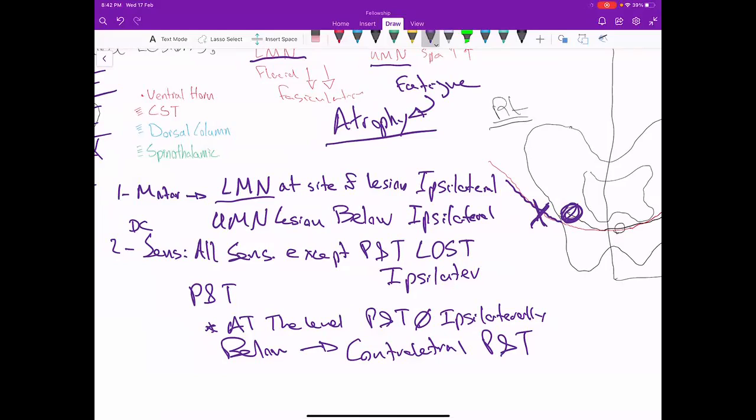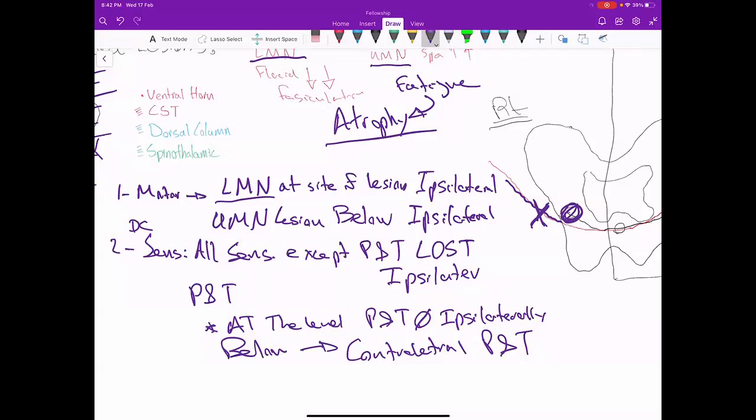Is that clear? So, doctor, can I just ask? Yes, please ask. So if you have a clinical scenario, because normally they say that the patient has lost contralateral pain and temperature, but suddenly they said that this nerve was lost on the same side, then the reason would be that at the level it's ipsilateral, but below the lesion everything is contralateral for the spinothalamic tract?